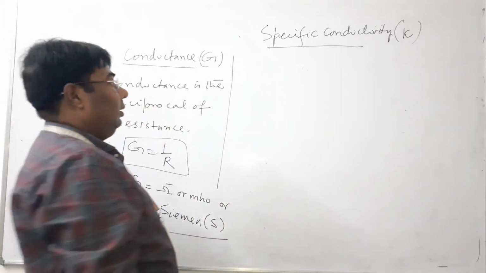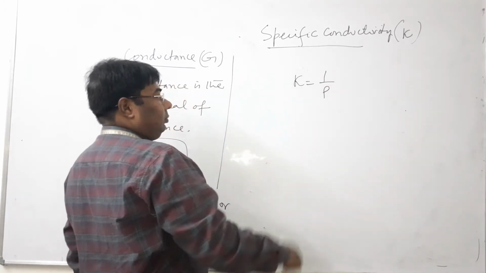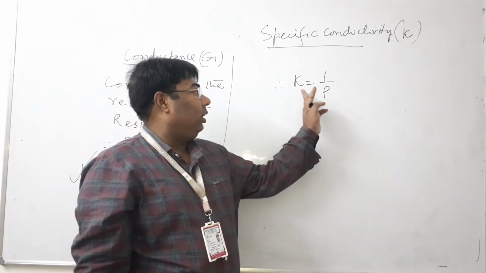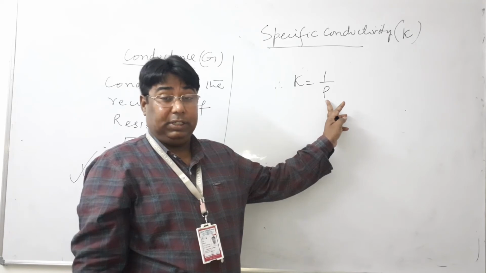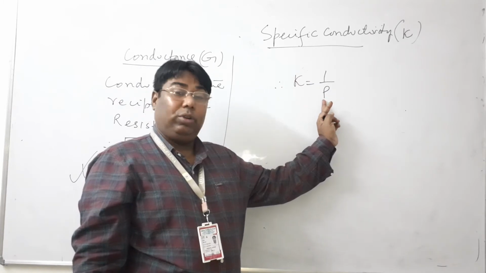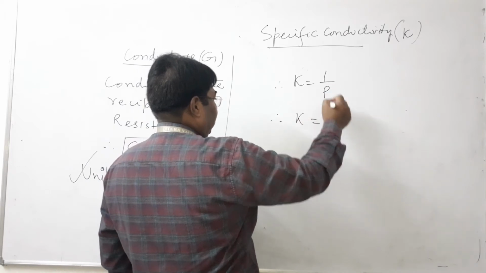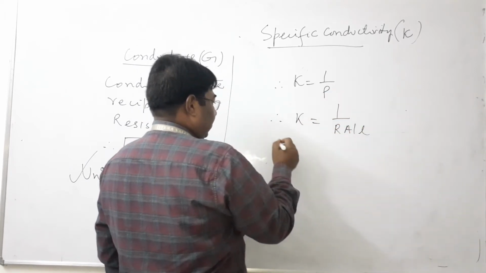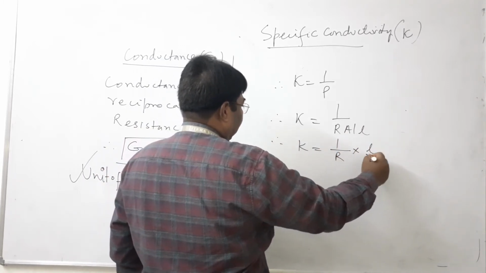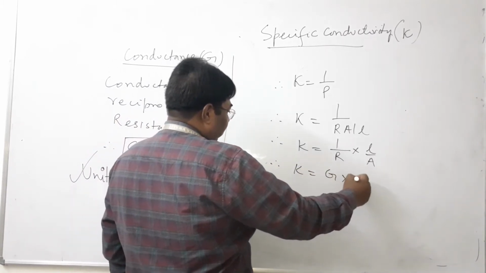K is equal to 1 by rho, that means specific conductivity is the reciprocal of resistivity. Since rho is equal to RA by L, K is equal to 1 by R into L by A.